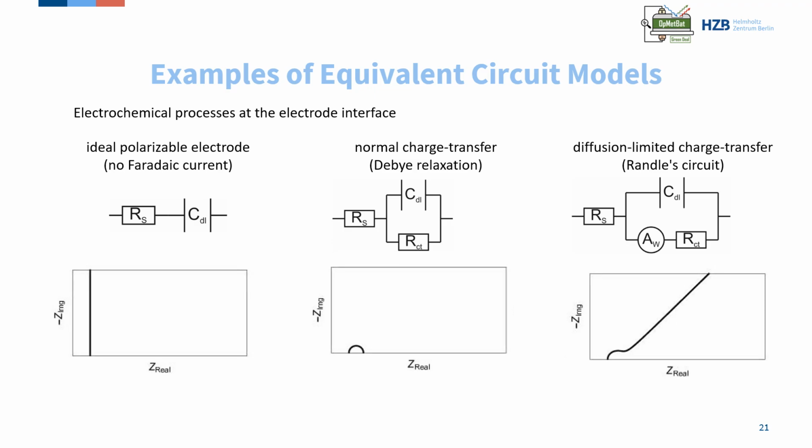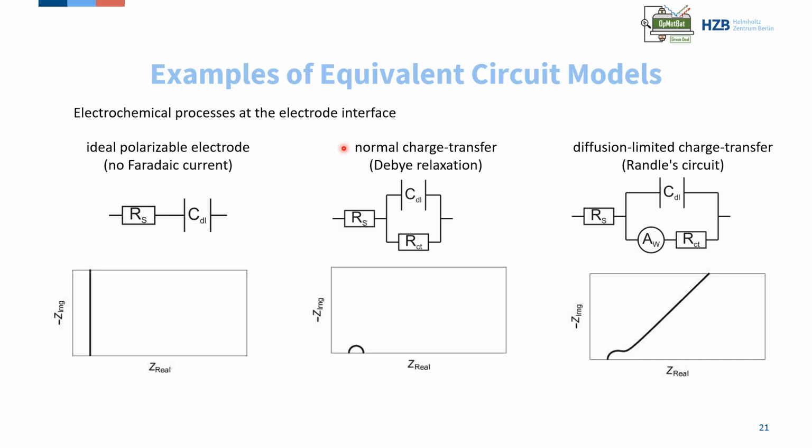These different electrochemical processes will result in different behavior when represented in the Nyquist plots. For the case of an ideal polarizable electrode, only the capacitance will be observed as imaginary contribution at constant real impedance, which is the solution resistance.